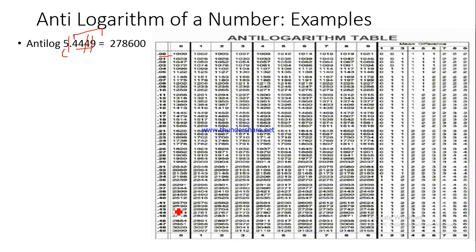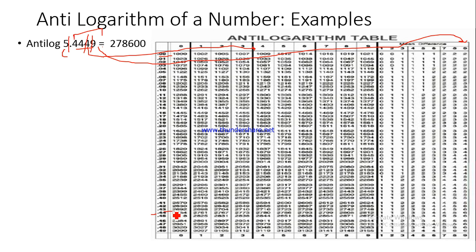So the 0.44 row is this one. In this particular row you have to look below the column 4. This is the column 4, and then you have to add the number which appears under the column 9 in the mean difference table, in the same row. The row has to be the same.